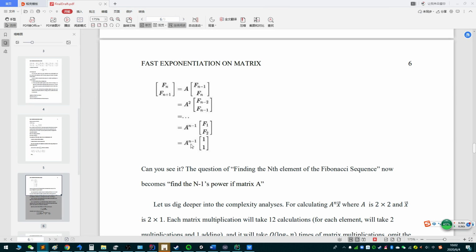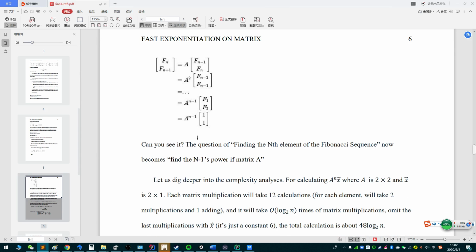And since it's a matrix power, A to the n minus 1 power, we can then apply the fast exponentiation method on the matrix to simplify the O(n) iterative or recursive linear method to a log n method, right?